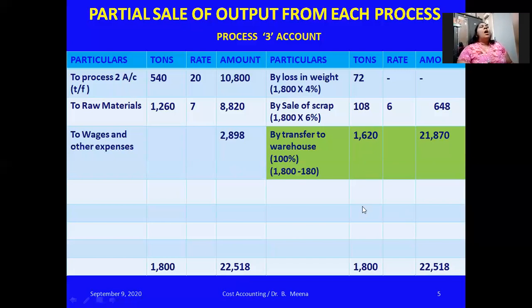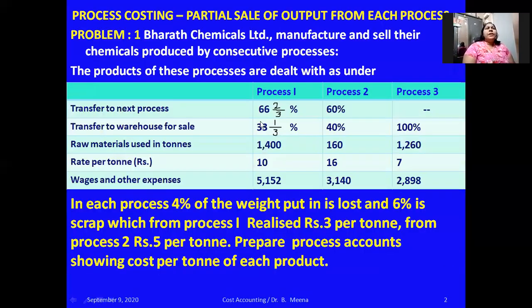So this is the way how I can prepare the process account when I have a partial sale of output from each process like this. You may have the percentage for transferring to warehouse for sale, percentage for transferring to the next process, or they can give one third of output, two third of output, like that.